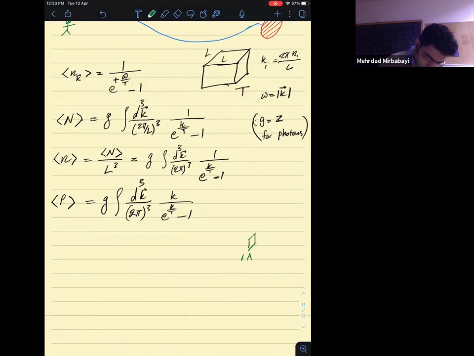So I consider some delta A, some infinitesimal element of area, and I ask, what is the total number of photons that arrive in some short time interval delta t to an element of area delta A with some frequency, and in some solid angle delta omega, and in the range of frequency omega to omega plus delta omega.